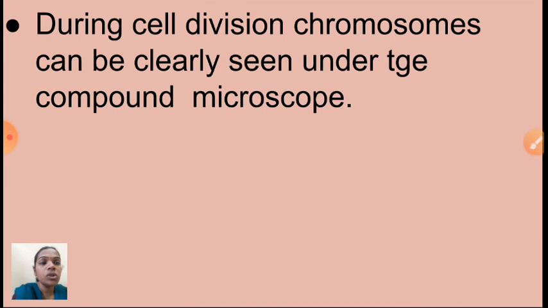During cell division, chromosomes can be clearly seen under the compound microscope. Normally when we observe a cell, we can see the nucleus, but inside the nucleus we cannot see the chromosome. But during cell division, chromosomes can be clearly seen under the compound microscope.